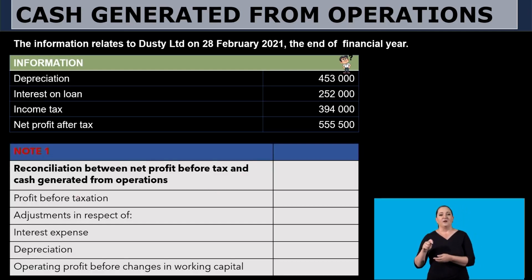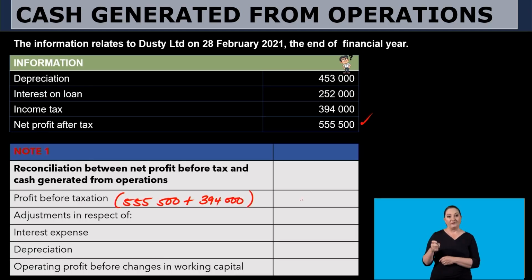The first thing that you need to do is to get the profit before tax. But here you can see we're given the profit after tax. That means I will take the profit after tax, which is 555,500. Then I'll add back my income tax, which is 394,000.